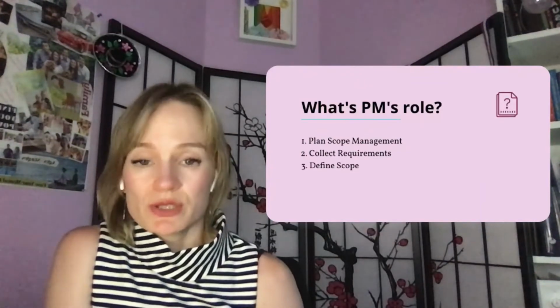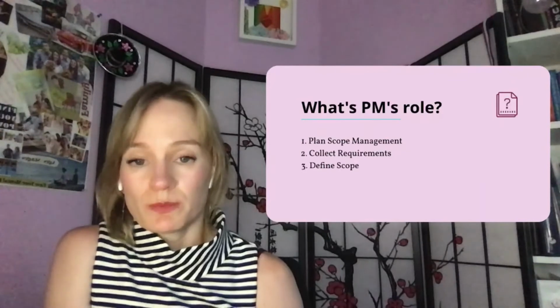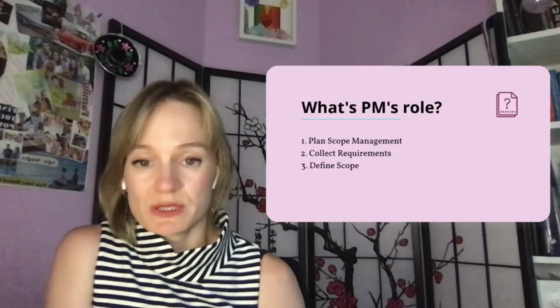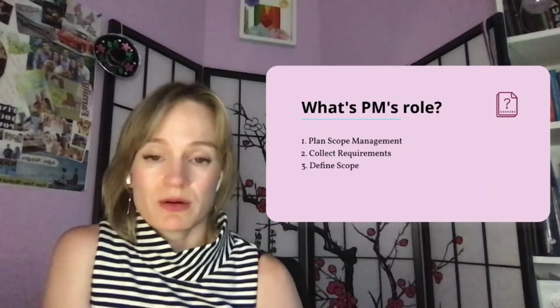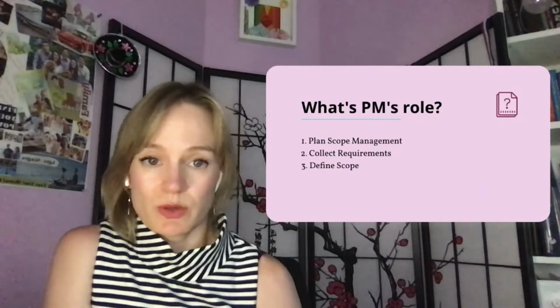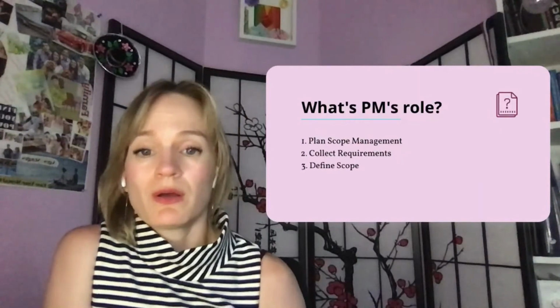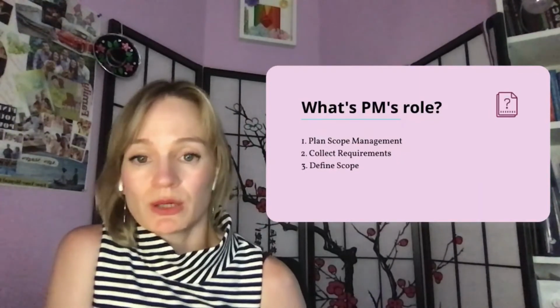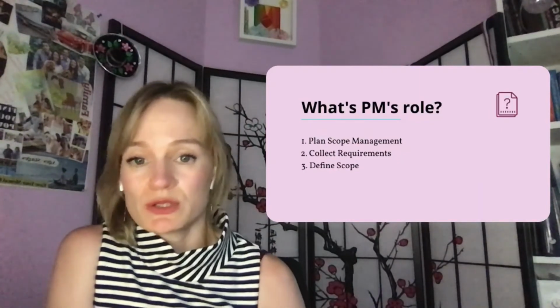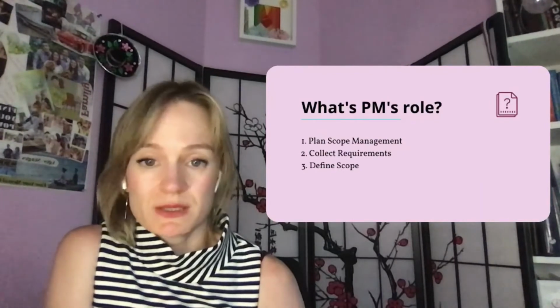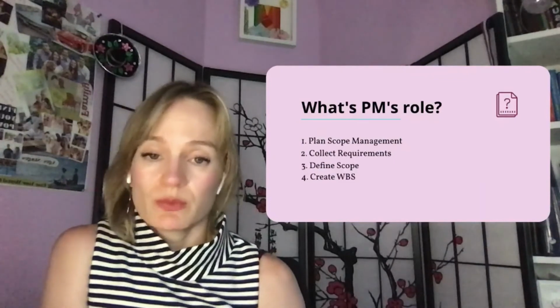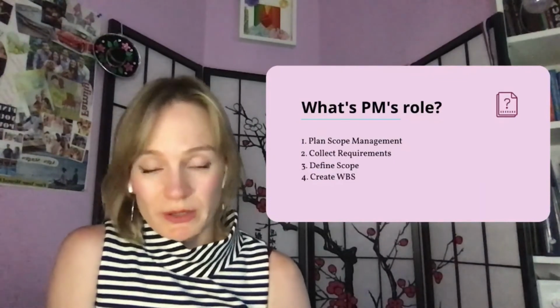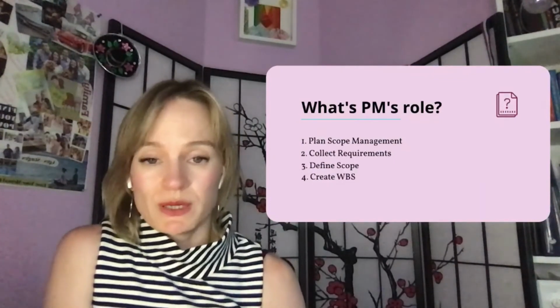Next step is defining the scope. Based on the information the project manager receives at this stage, they try to put it all together into a nice narrative. This is where the project manager creates the project scope statement that includes all the information: what's in scope, out of scope, dependencies, and assumptions. After that, the project manager creates the work breakdown structure, or WBS.